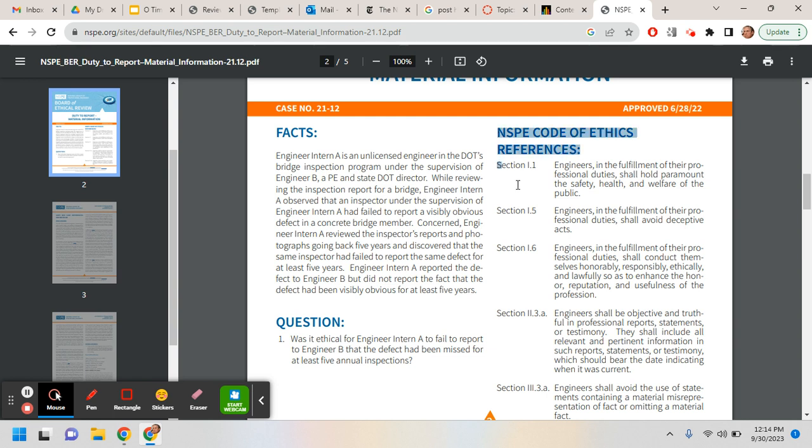Because if an engineer is found by them to have done something unethical, then they must be able to point to a part of the code that the engineer violated. Right? It can't be some vague sense, or some common sense idea, that they were unethical. It's really about the application of the code.